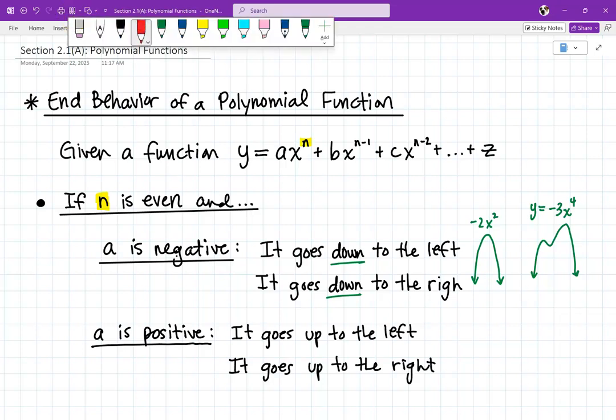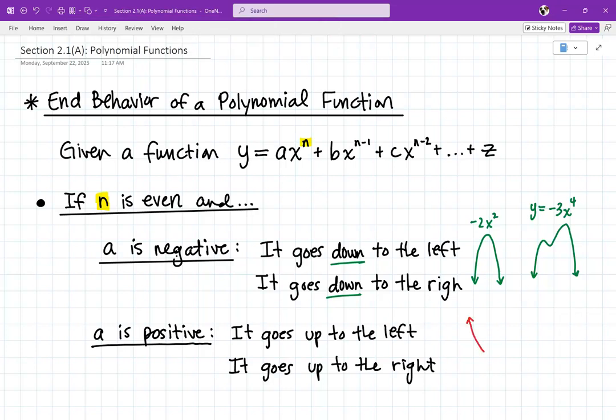In this case, here's a half x squared. It looks kind of like that. Even power, positive number in front, a half. Notice how it goes up and up, up to the left, up to the right. It rises to the left, it rises to the right, however you want to say it.